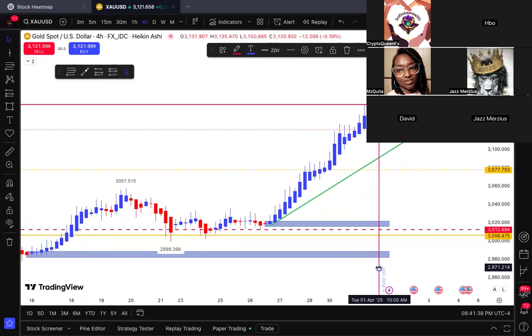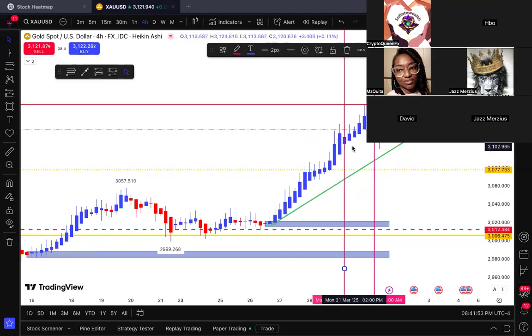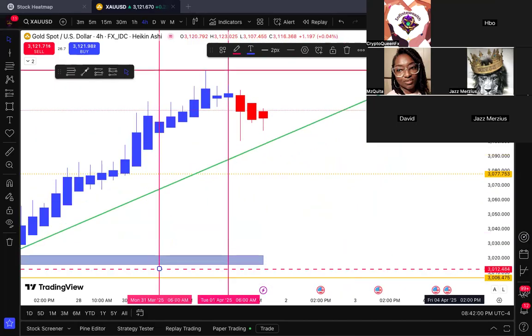End of the quarter. Gold stops moving in London. So it will be the 6 a.m. candle.